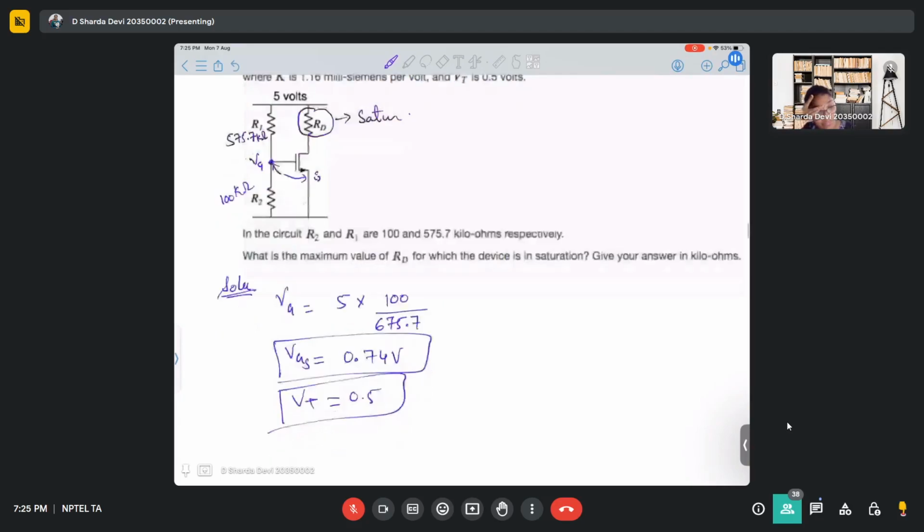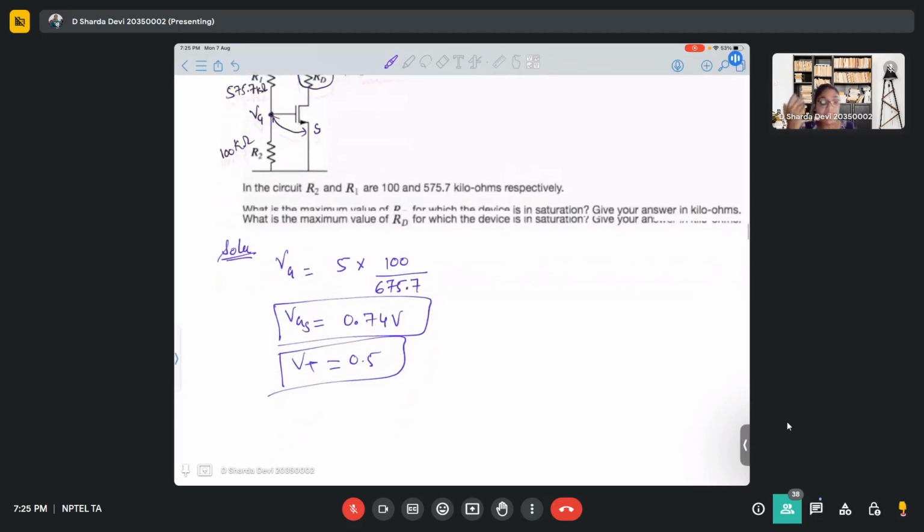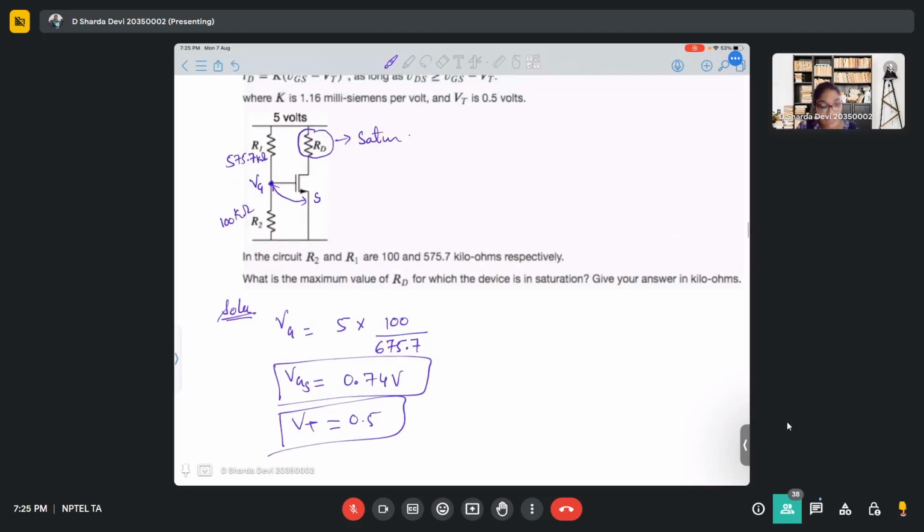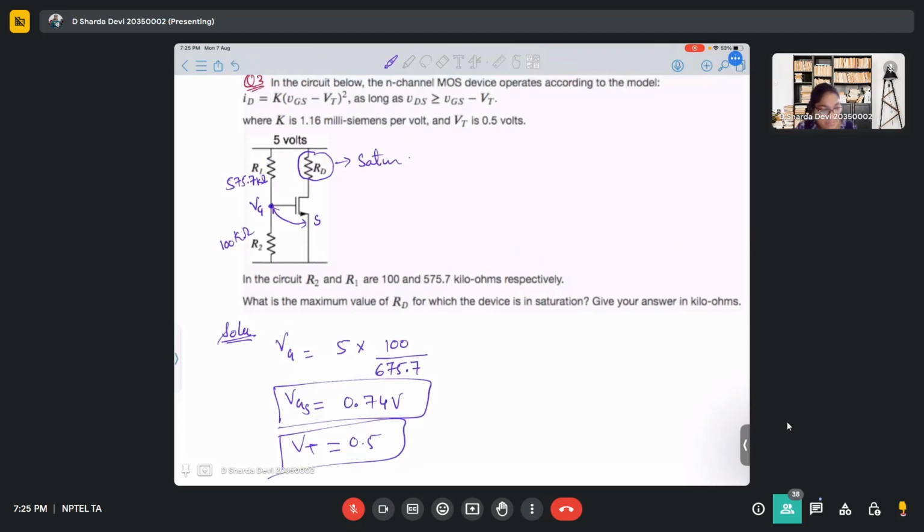Now here you have your VGS, you have your VT. What will be the next step with all the givens? You can simply find the saturation current: K into VGS minus VTH whole square, that is 1.6 millisiemens per volt into 0.74 minus 0.5 whole square.